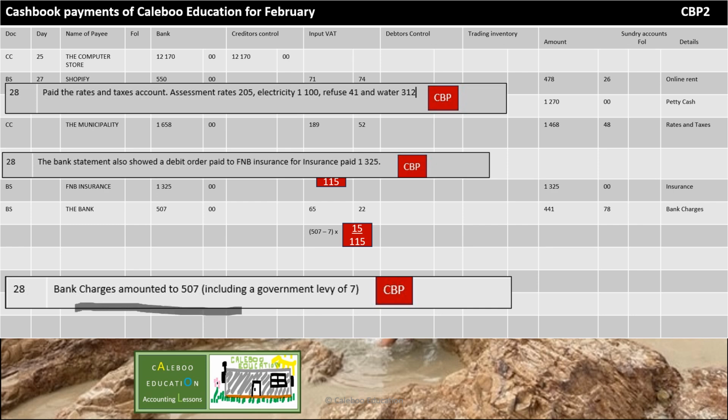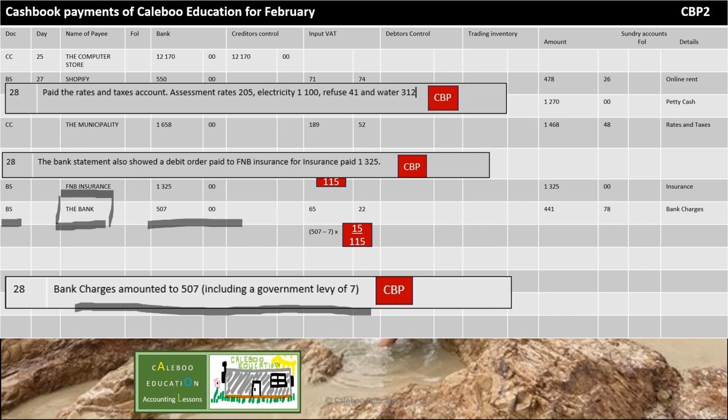Bank charges amounted to 507. Where did we get that information? We pick up that information from the bank statement. The name of the bank whom we're going to pay is, remember, we bank with the bank. The amount that our account was debited with on the bank statement is 507.